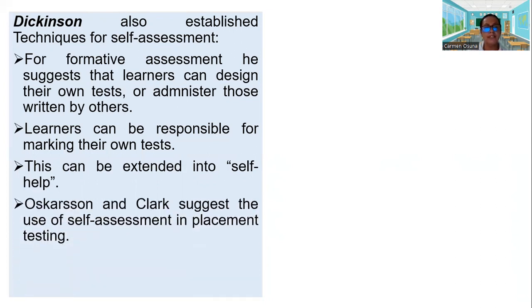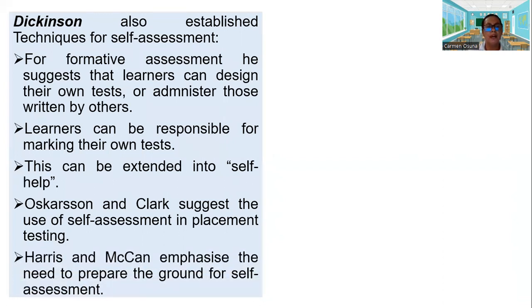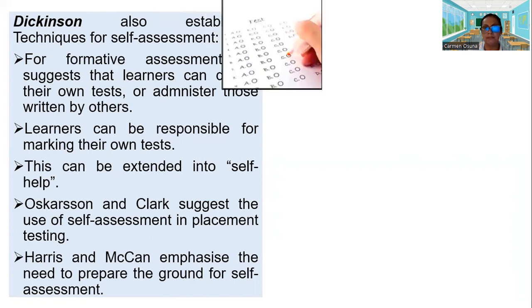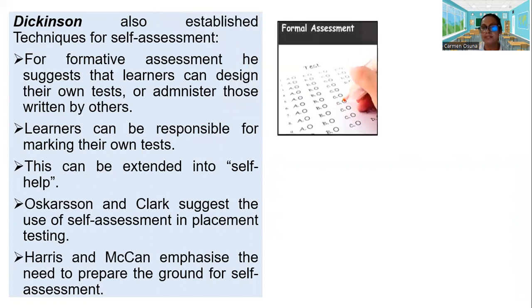Orkanson and Clark suggest the use of self-assessment in placement testing. When I want to study English, but I know a little English, I have to take a placement testing to see in which level I'm going to start. Harris and McCann emphasize the need to prepare the ground for self-assessment.